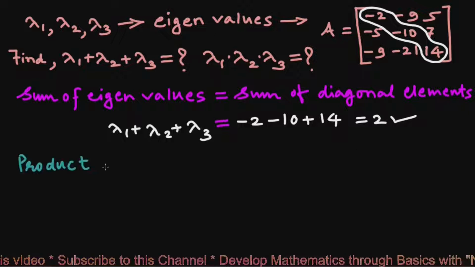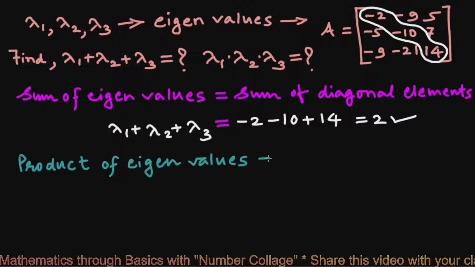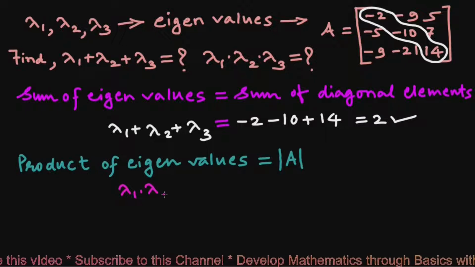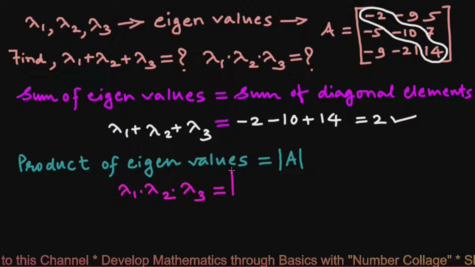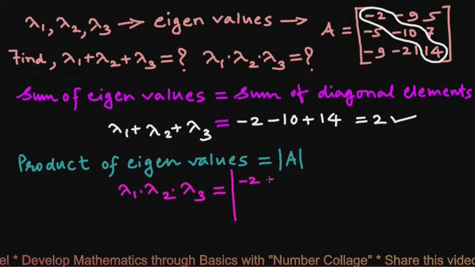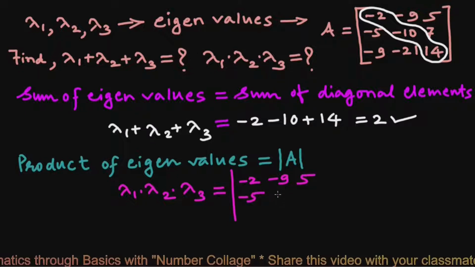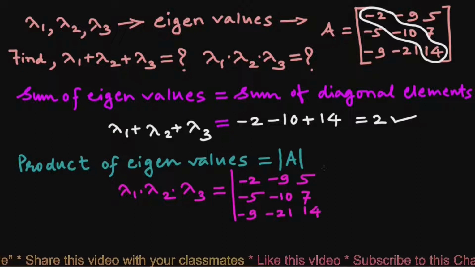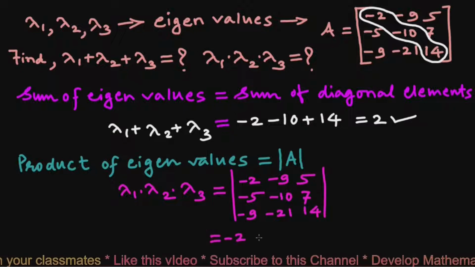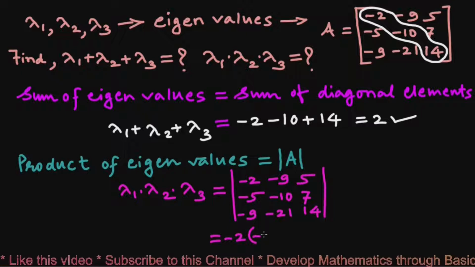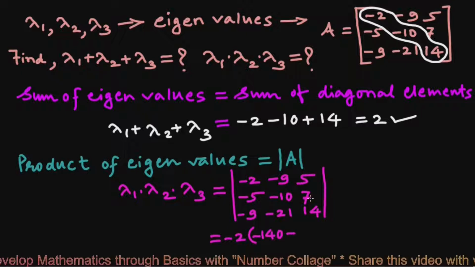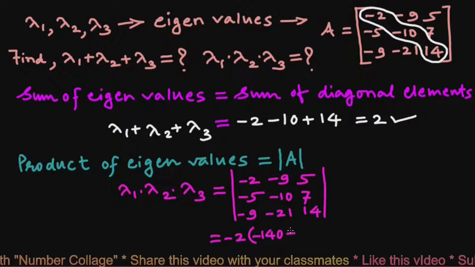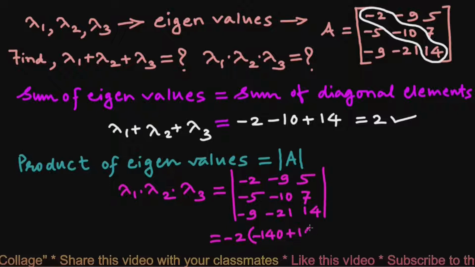Next we find the product of eigenvalues equals determinant of matrix A, that is lambda 1 into lambda 2 into lambda 3 will be the determinant of matrix A: -2, -9, 5; -5, -10, 7; -9, -21, 14. This will be -2 into (-10 into 14 minus 7 into -21, that will be -147), so minus and minus will become plus 147.